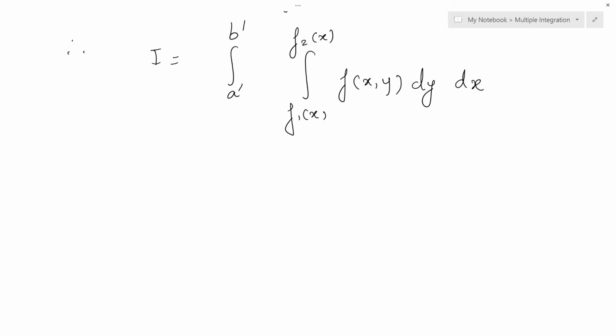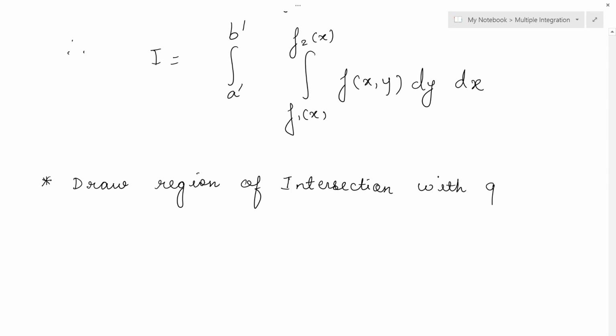To summarize whatever we have done. First step will be to draw the region of intersection with the given limits. Whatever limits are given in the question, first you will draw those curves and draw the region of intersection.